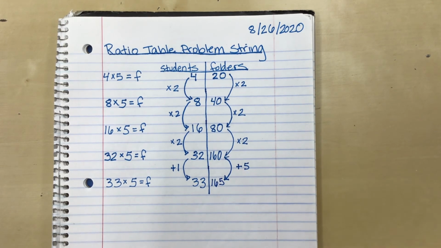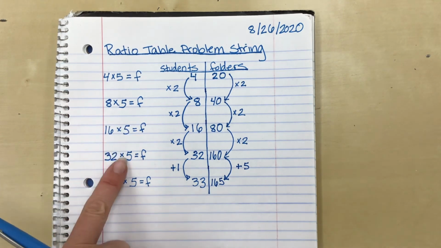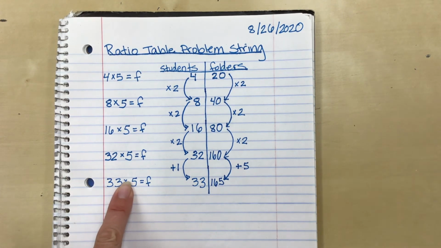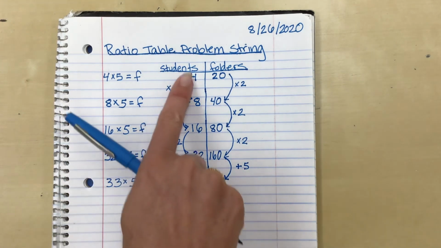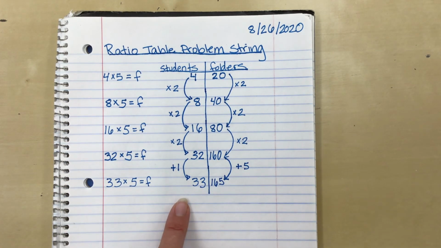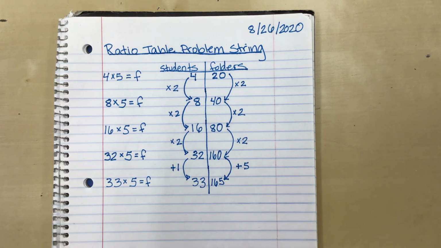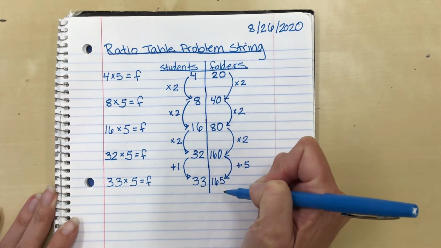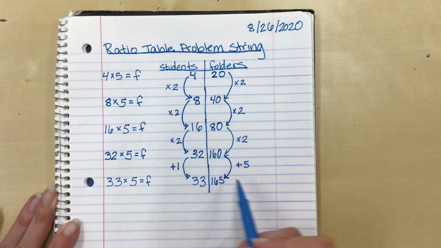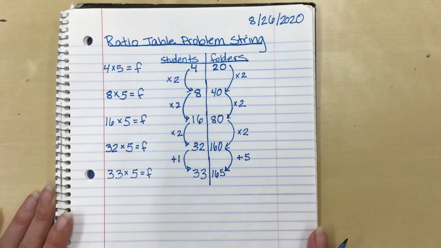As long as one of your multiples stays the same for each problem, you can use a ratio table to make it easier for you. Because again, 33 times 5, if someone were just to say to me like that, what's 33 times 5? I'd have to be like, hold on, let me get a pen and paper. But if I have this kind of situation already lined up for me, and I just add 5, whoa, that makes a big difference.